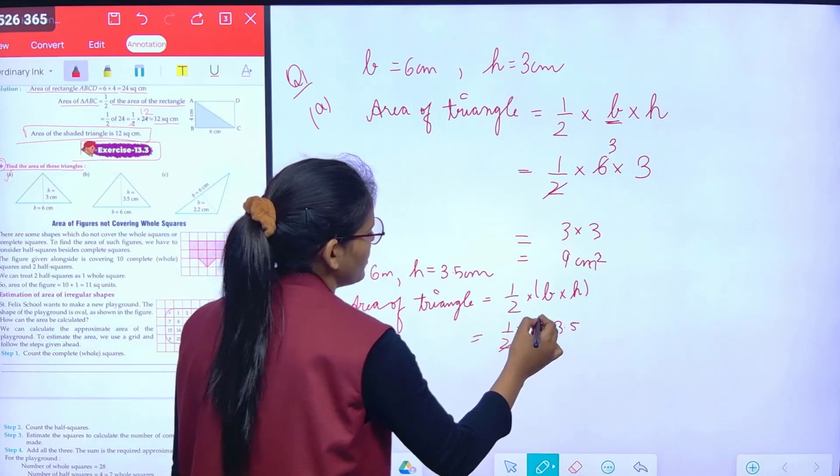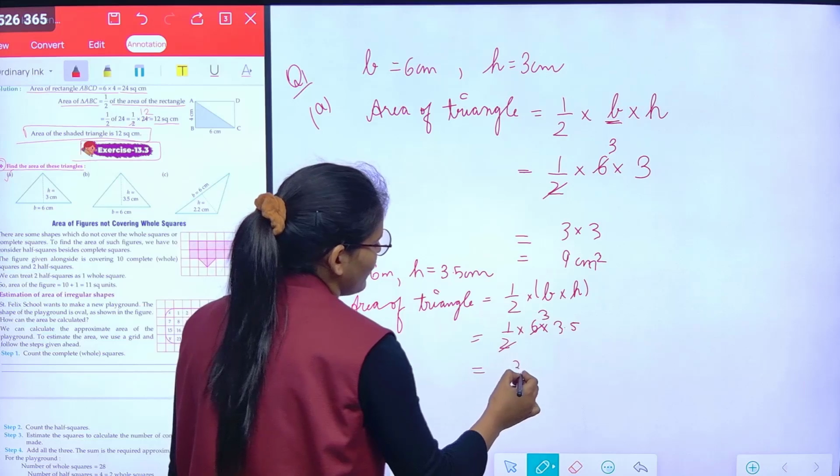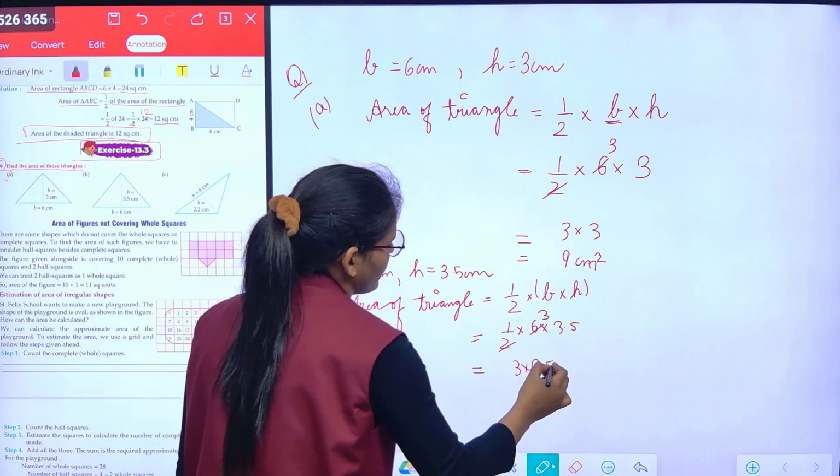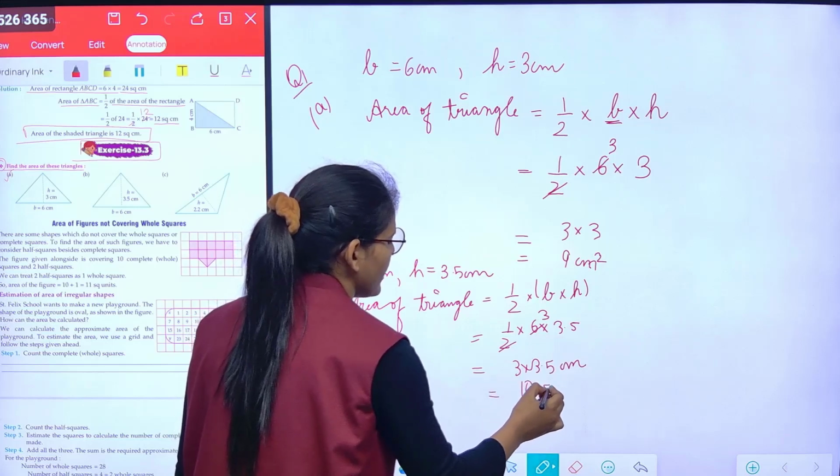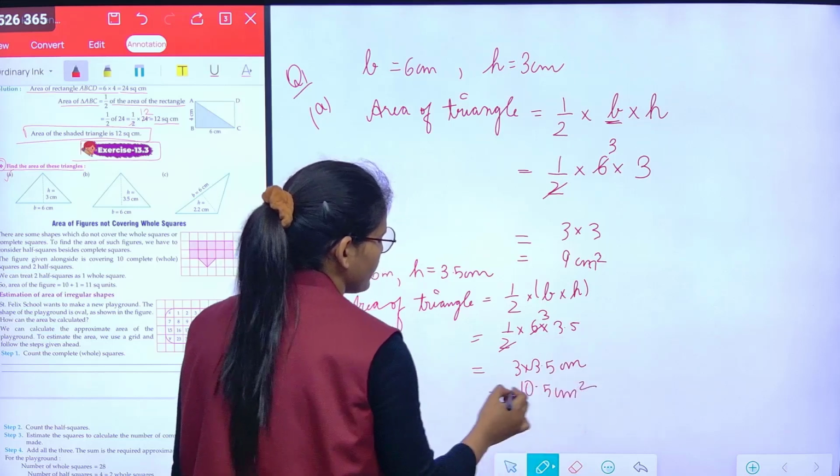Now class, see, 2 3s are 6. Now 3 multiplied by 3.5 centimeter is equal to 10.5 centimeter square.